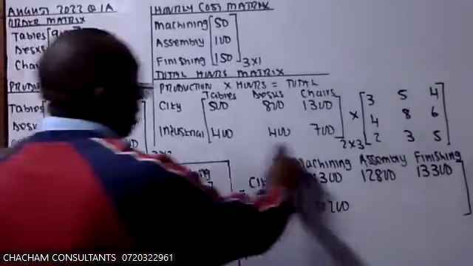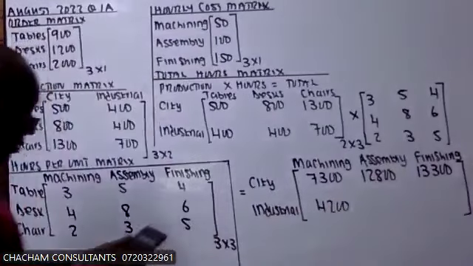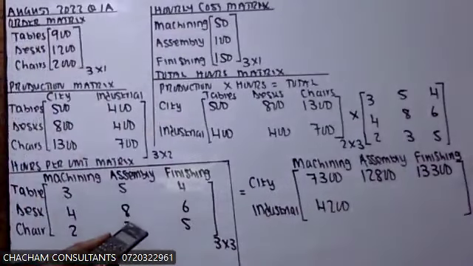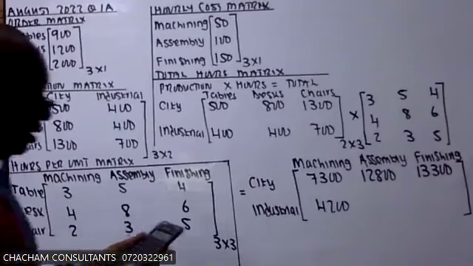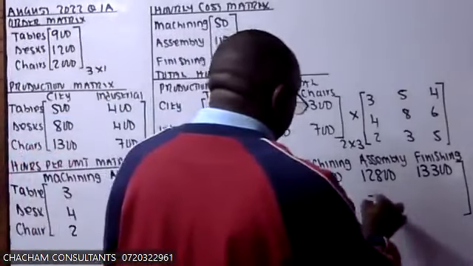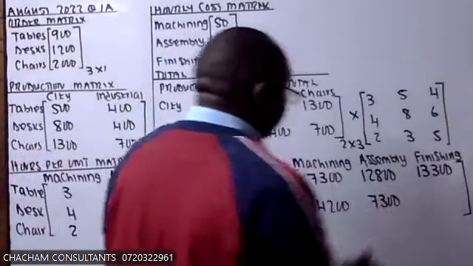Then you take this, multiply by the second column. 400 times 5 plus 400 times 8 plus 700 times 3. 7,300.